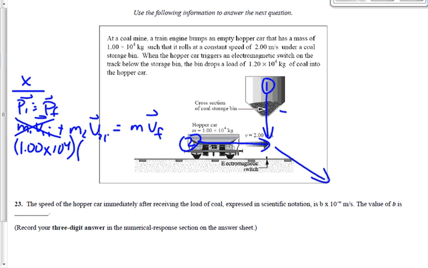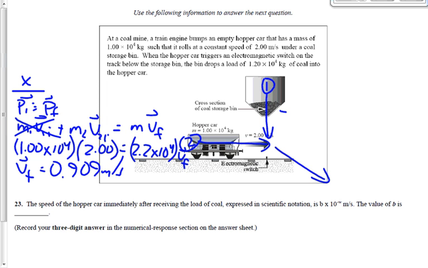V2i is 2 meters per second. The combined mass is 1.0 times 10 to the 4 plus 1.2 times 10 to the 4, that's 2.2 times 10 to the 4, times vf. When we solve for vf, the x component works out to be 0.909 meters per second.